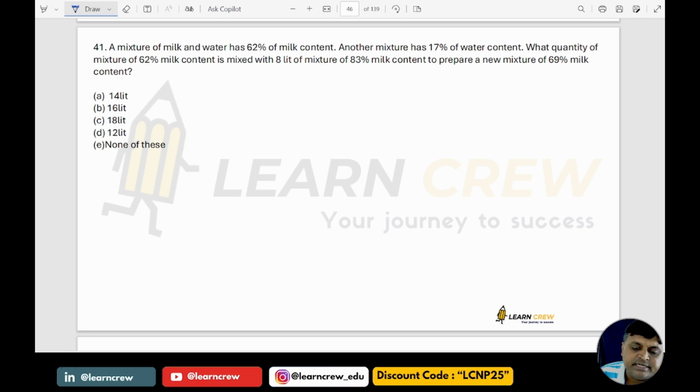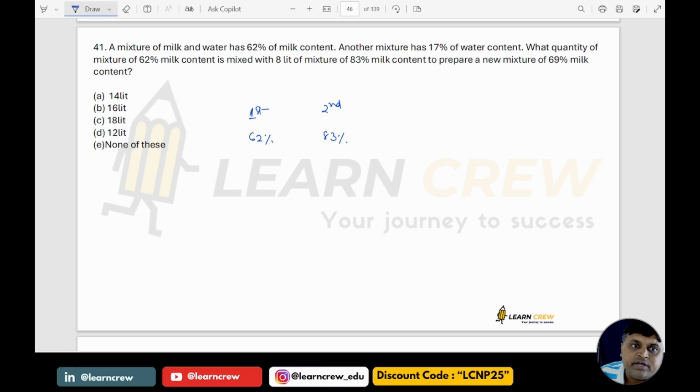So please understand what is given. First mixture has 62%. Second mixture has 17% water, so 83% milk.